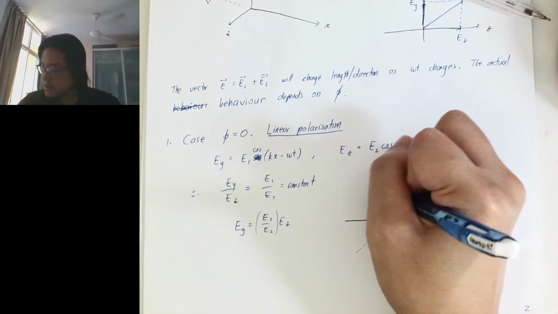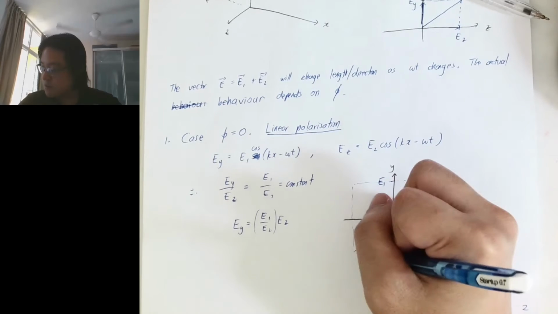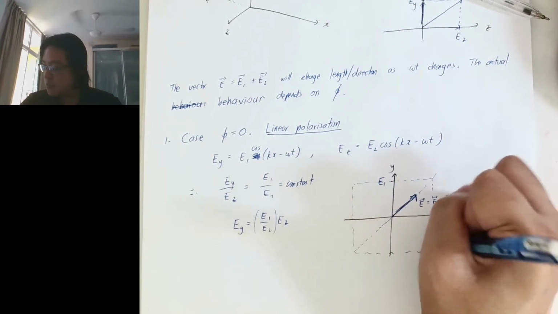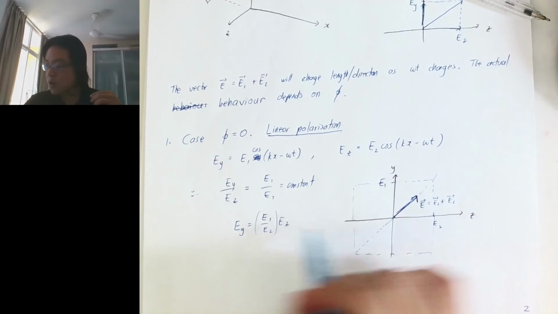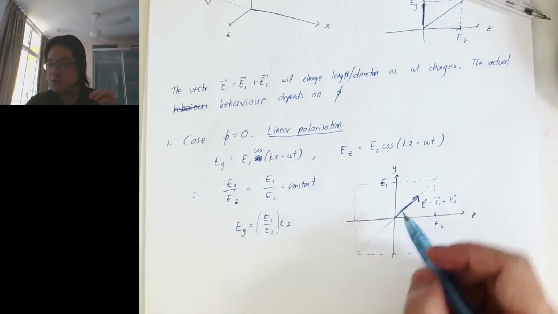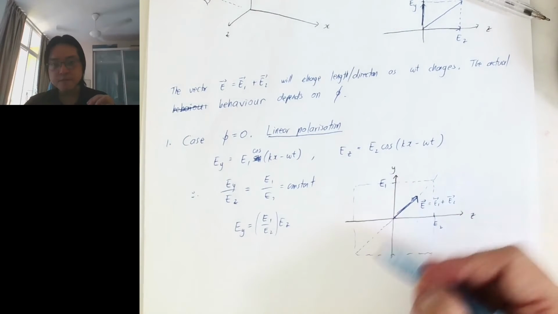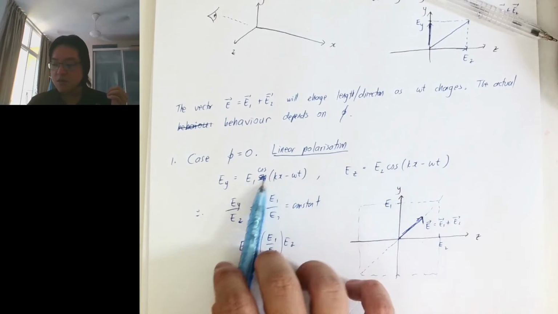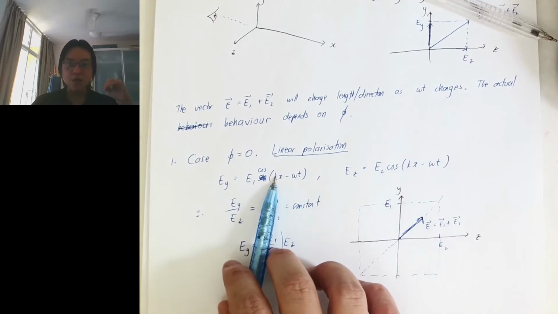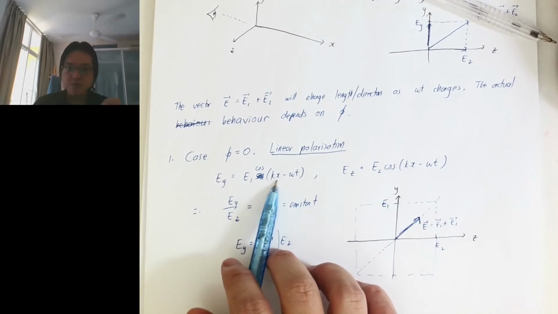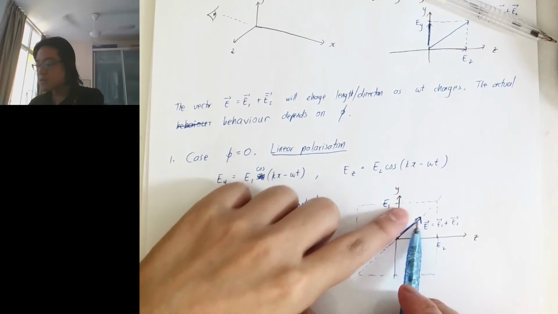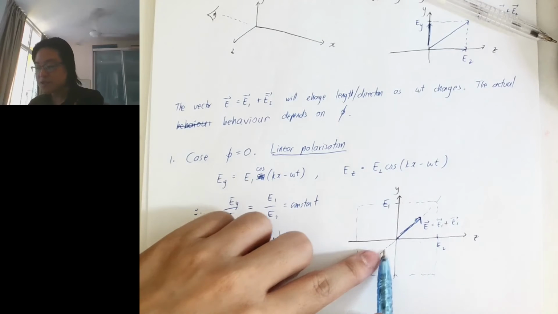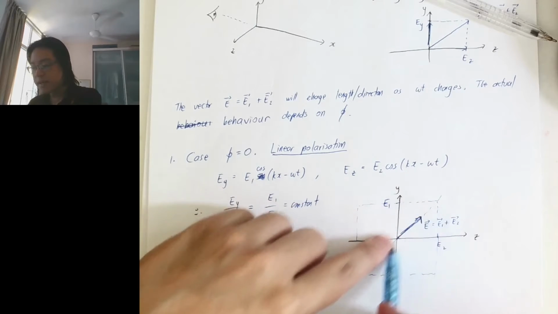So what happens with my electric field is that the y component is always a constant times the z component, so it's always along this line, and the length is in phase. So cosine omega t, as time changes, cosine goes from -1 to 0 to +1. So this vector goes from negative direction to 0 to positive and then to negative.